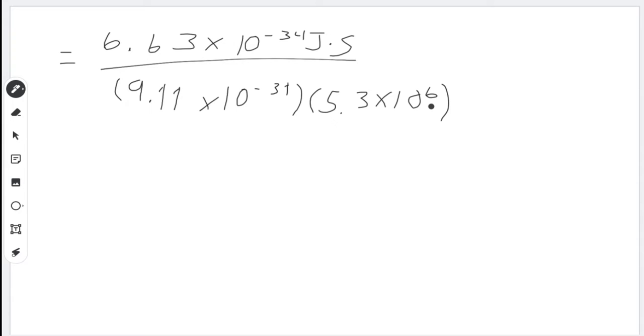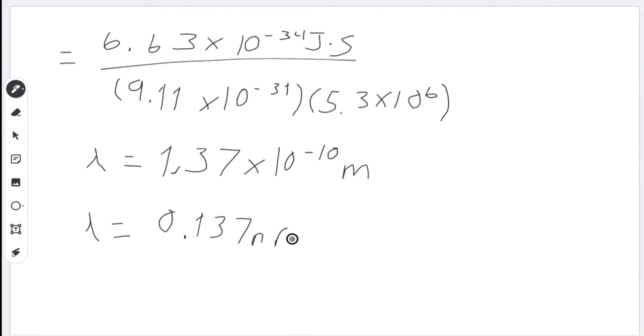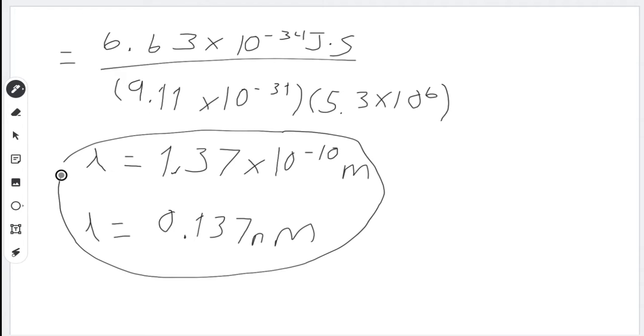And let's calculate it. And I got 1.37 times 10 to the power of negative 10 meters for the wavelength. And if I convert that to Newton meters, it's 0.137 Newton meters. And that's the wavelength of the electrons that Winston used in his experiment.